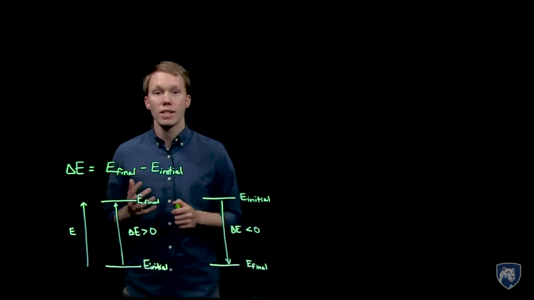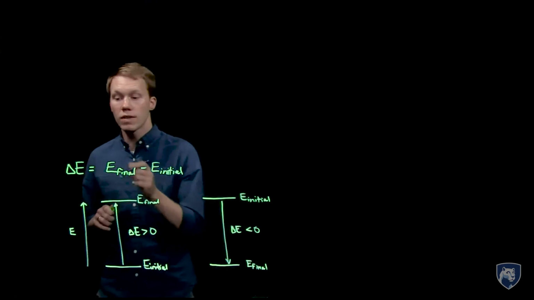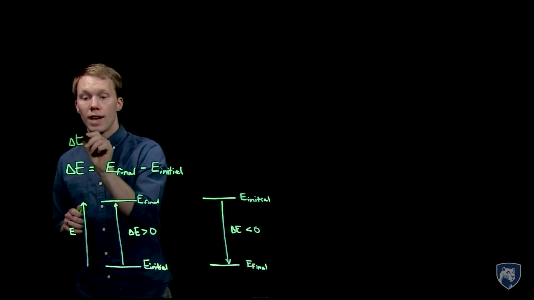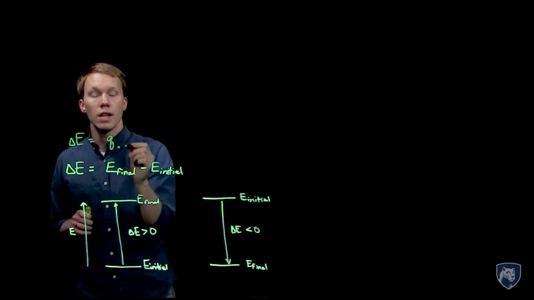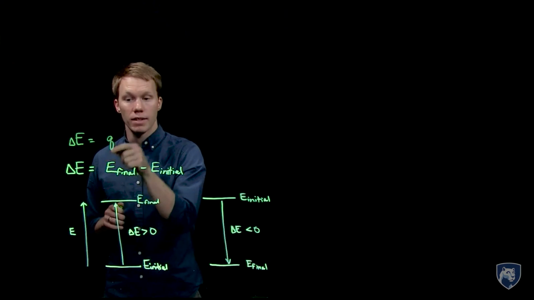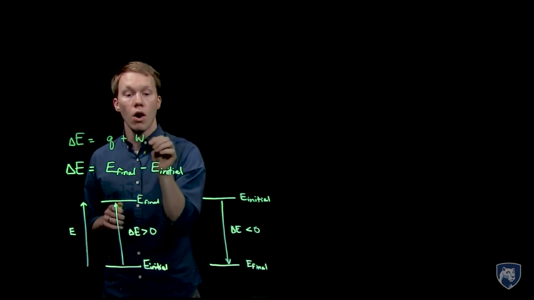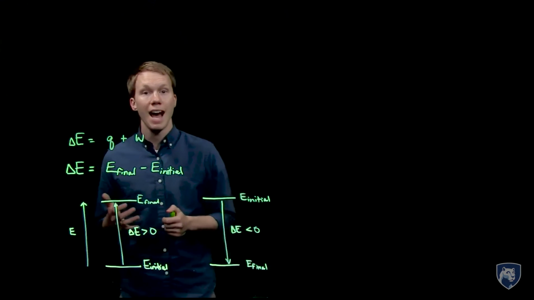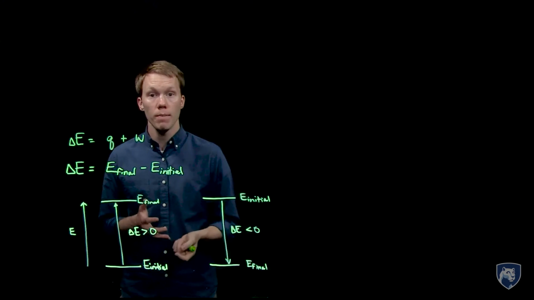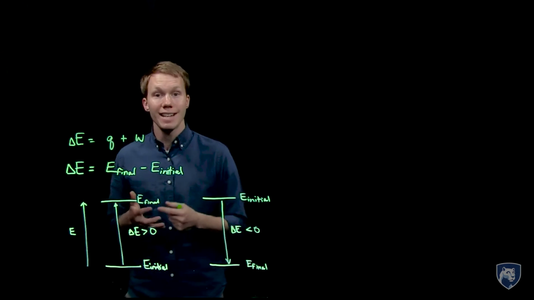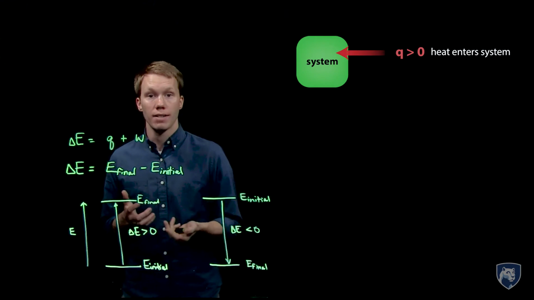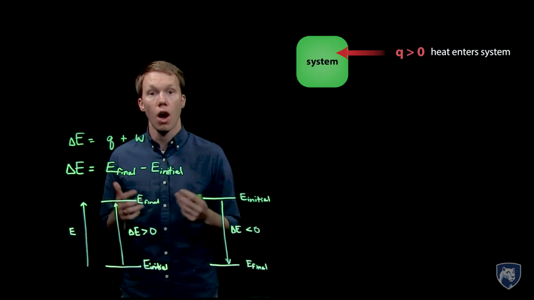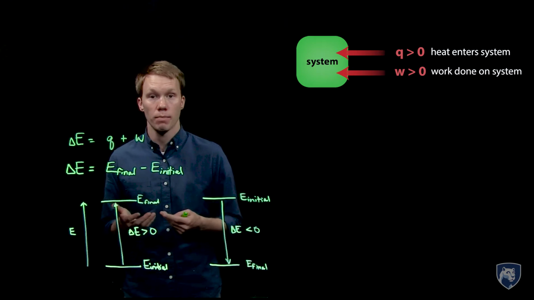We already introduced the idea of heat and work, and it turns out that the change in internal energy can be related to the heat lost or gained by the system and the work done on or by the system. Let's look at the specifics and how we define Q and W with respect to a system. So when a system gains heat, we define Q as positive. And when work is done on a system, we define W as positive.